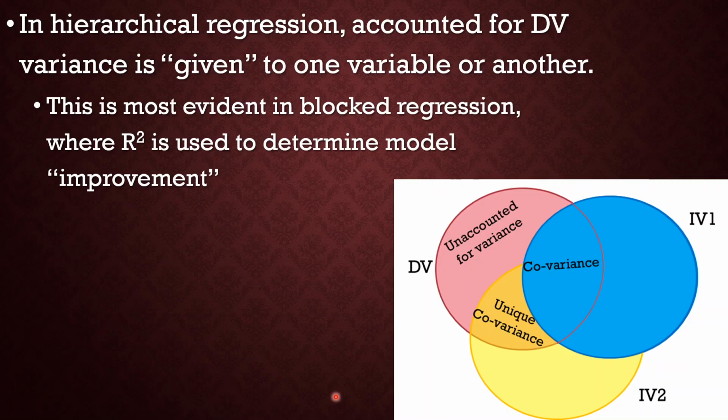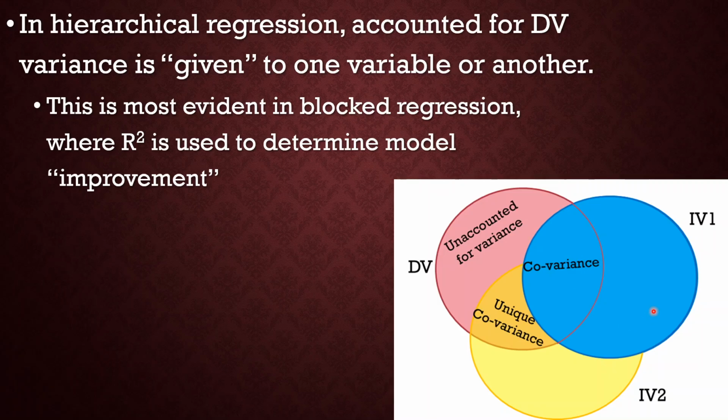Basically what happens is you have a predilection. You think that for whatever reason, a certain variable deserves to be given a better opportunity to account for the dependent variable than another one. This is kind of like saying, my cousin Tina is huge, and I know that she probably ate more than her fair share of stuff. So any food that she ate and any food that she says she ate, probably we should just say she ate it.